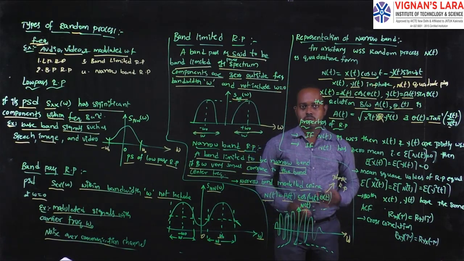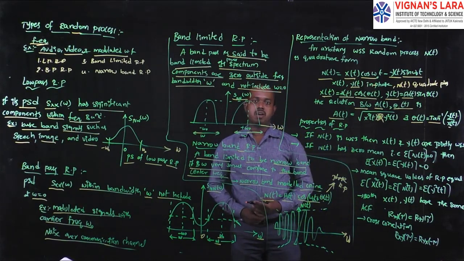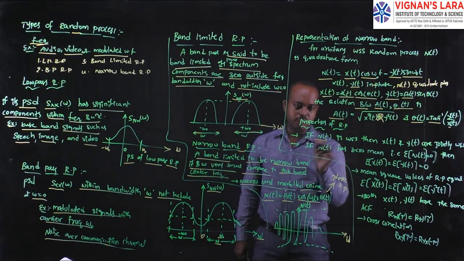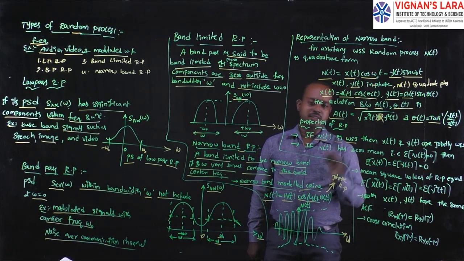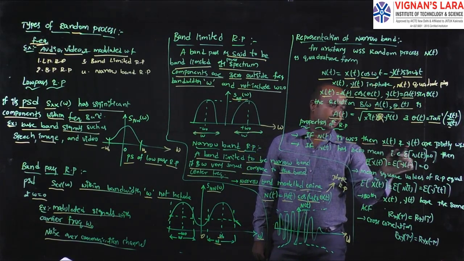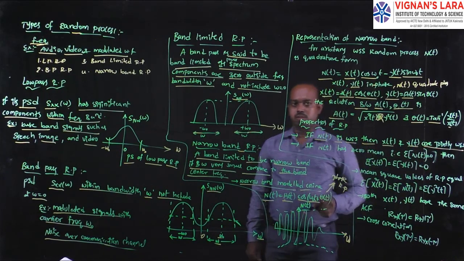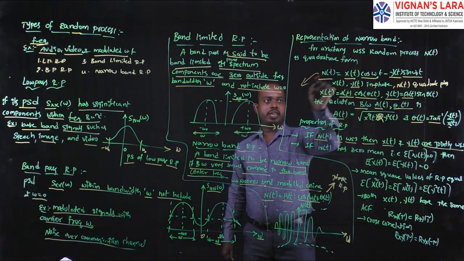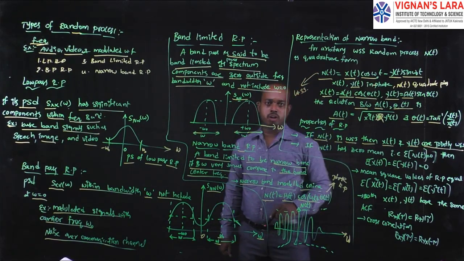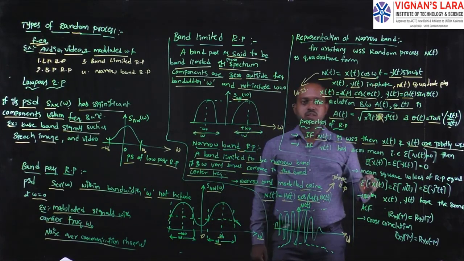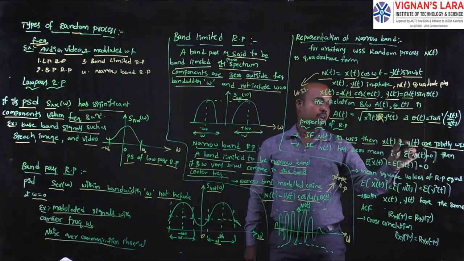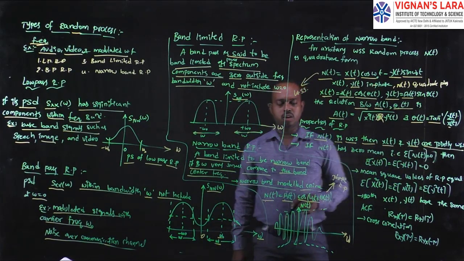Now coming to some of the properties of the narrowband random process. The first property is, if n of t is WSS, that means wide sense stationary, then x of t and y of t are jointly WSS.